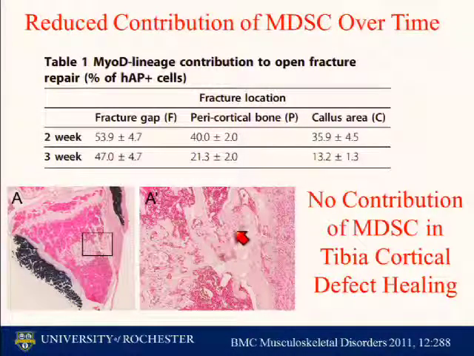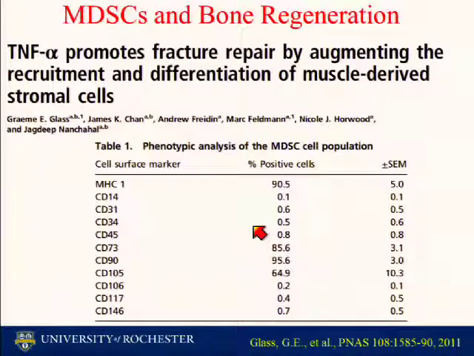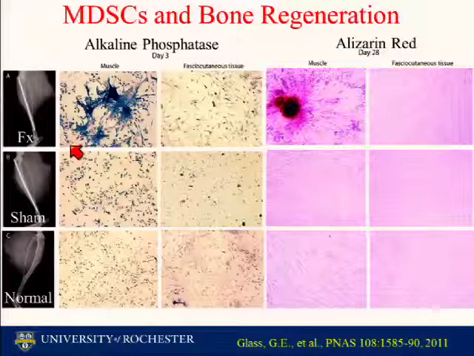Now, again, there are signals that are extremely important in driving this process. And this is a paper that was published in December in PNAS. And they showed, not surprisingly, that muscle-derived stem cells have markers of stem cell populations, and they can differentiate clearly into bone and cartilage. What's very interesting, though, is they isolated the muscle-derived stem cells in the setting of an injury to bone where there was a fracture to the bone.